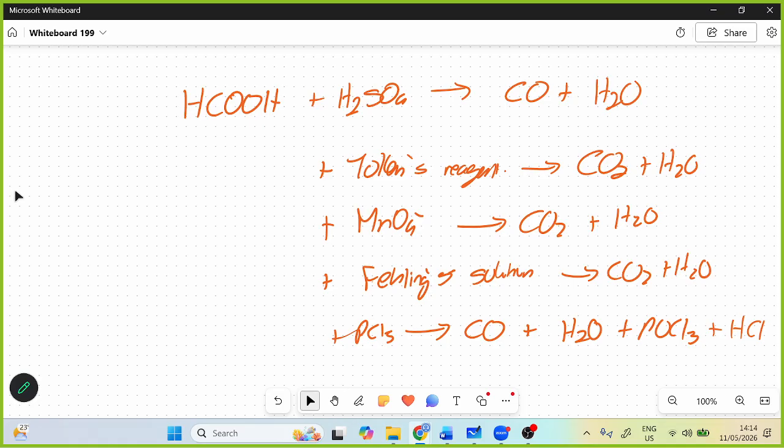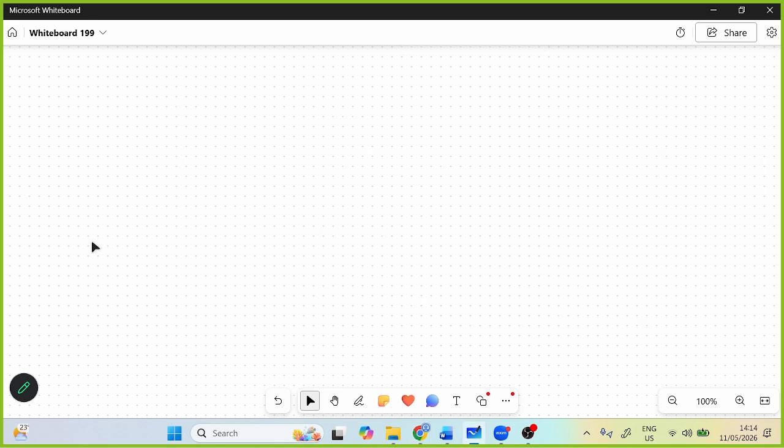Now, dicarboxylic acids. Ethanedioic acid, or you know it as oxalic acid, can react with concentrated sulfuric acid, oxidizing it to form CO2.